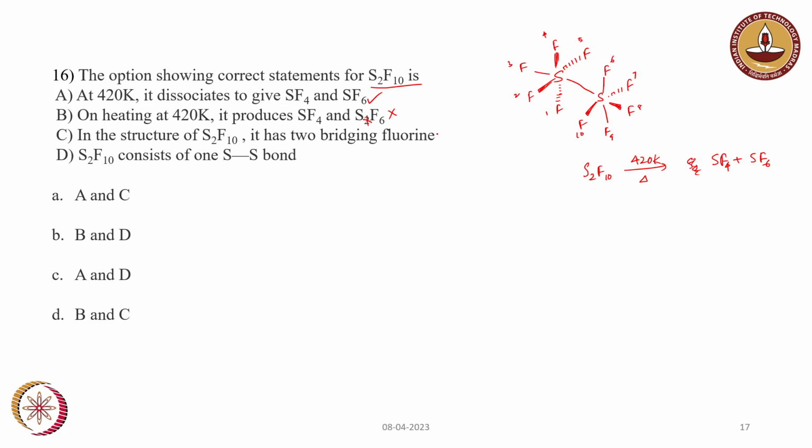So the statement is incorrect. Next one is S2F10 consists of one S-S bond. So here one sulfur-sulfur bond is present. So the statement is correct. So the answer is option C. S2F10 dissociates to SF4 and SF6, and there is one S-S bond in S2F10.